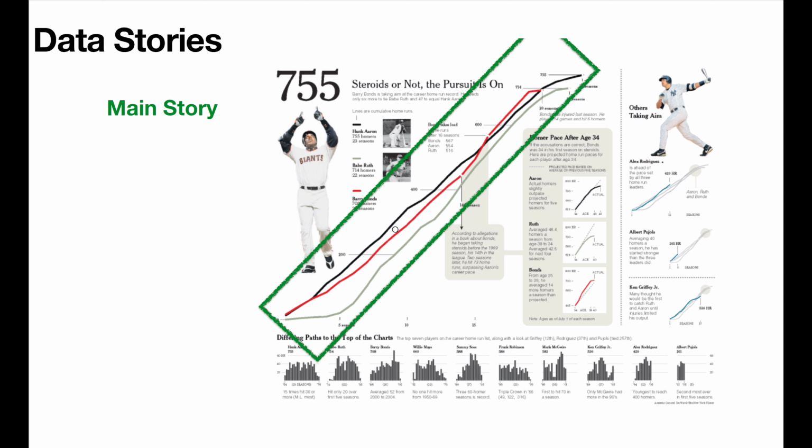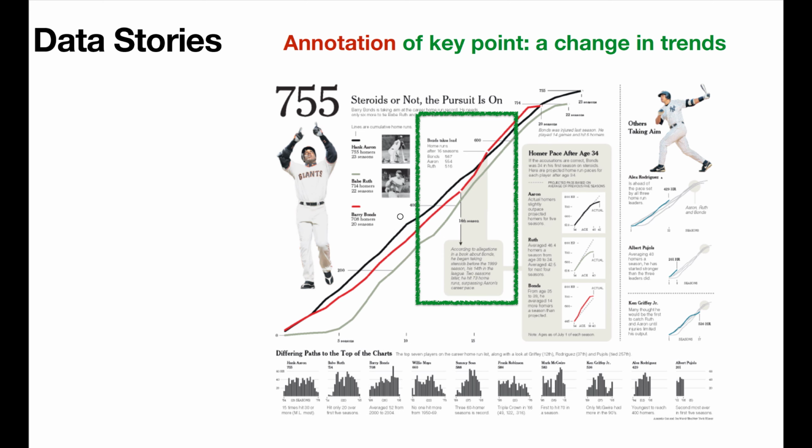Now, what's unusual about Barry Bonds' career, and this is starting here at season 14, is that at season 14, his production of home runs actually increased noticeably compared to his prior production of home runs.